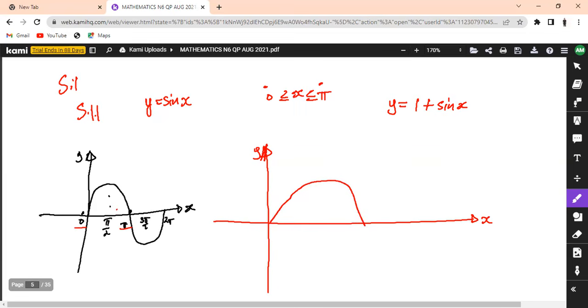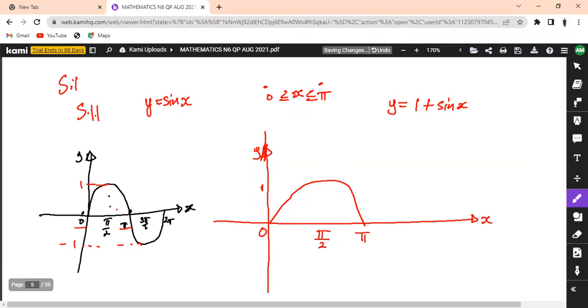This is our 0 here, and this is our pi. In between, we have got pi over 2, which is the maximum value and corresponds here with 1, and this corresponds here with a -1. So this is our 1 here. That's what you're going to have in this case.